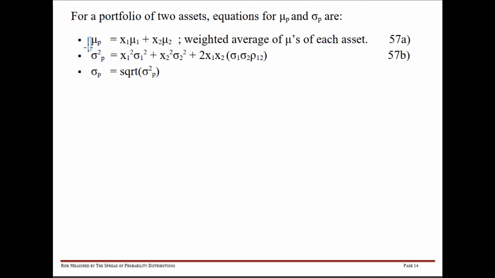So we get the expected value return of our portfolio is just, the x's are the weights. The x's are the weights, so the expected value return of our portfolio is just the weighted average of the expected value of the components of the portfolio, and the variance of our portfolio follows this formula.